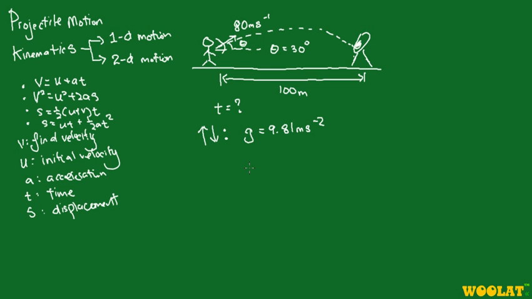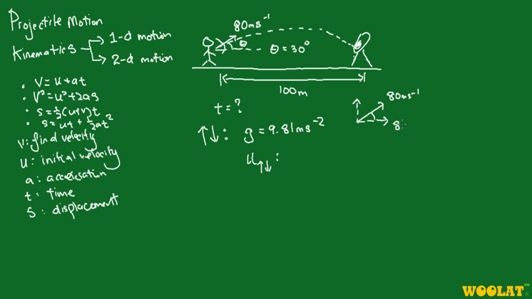What else do I know? My initial speed in the vertical direction, now this is going to be tricky, meaning the vertical component of my initial speed, is not 80. You have to resolve it. This is resolution of vectors. If I have 80 meters per second and I want to resolve it into vertical and horizontal components, I know the angle is 30 degrees.